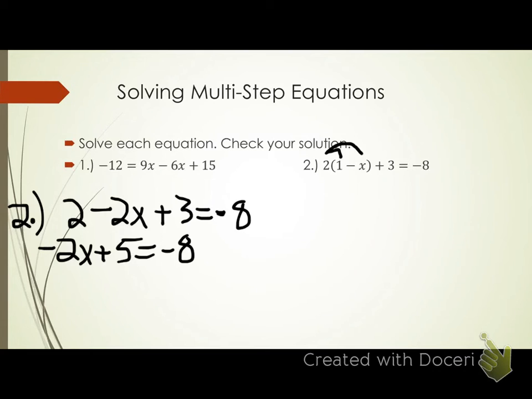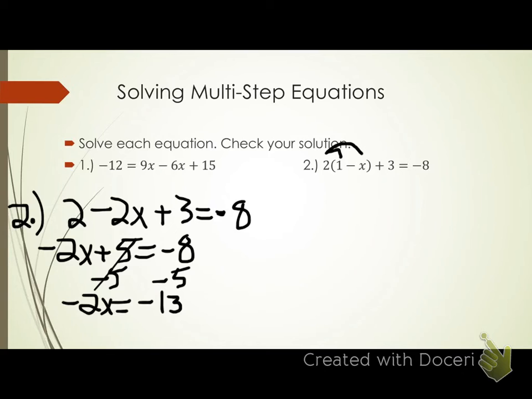Now what can I do? You're going to subtract 5. The reason we want to do that is because it gives us one number to add or subtract to the other side instead of adding or subtracting 2 different numbers to both sides. Negative 8 minus 5 is negative 13.